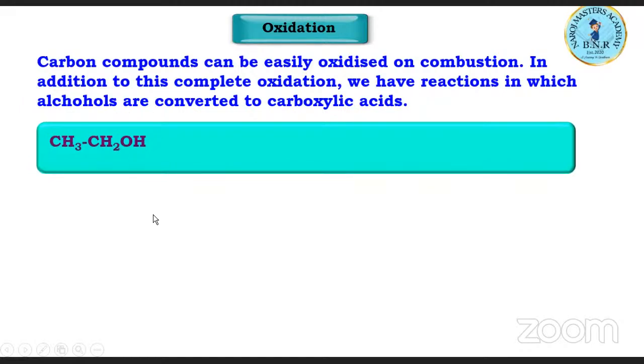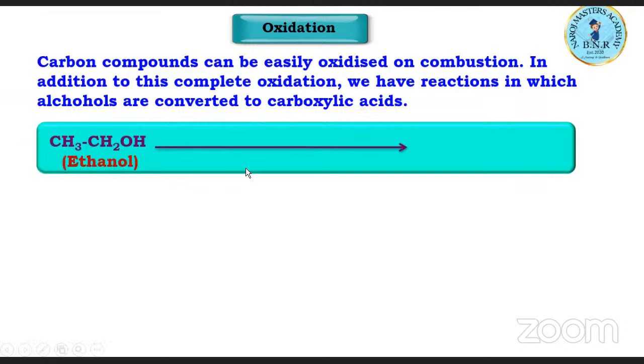We have an alcohol. What is the name of this alcohol? Ethanol. If you do the oxidation reaction, it converts into a carboxylic acid. That is what this statement says: converting alcohol into carboxylic acid. Is it clear?